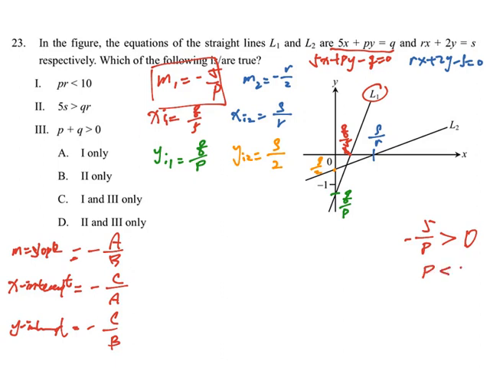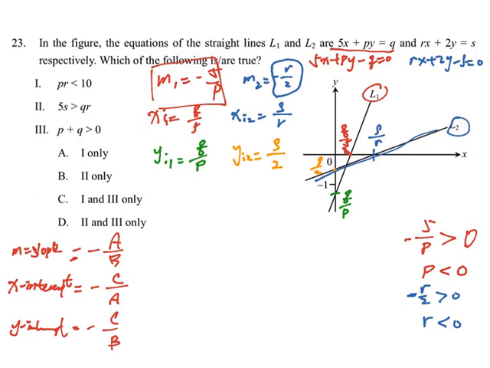So p should be less than 0. And then for line 2, it is also increasing, so this one is also greater than 0. That means r is also less than 0, because negative becomes positive. So r should be less than 0. So we can get this information.